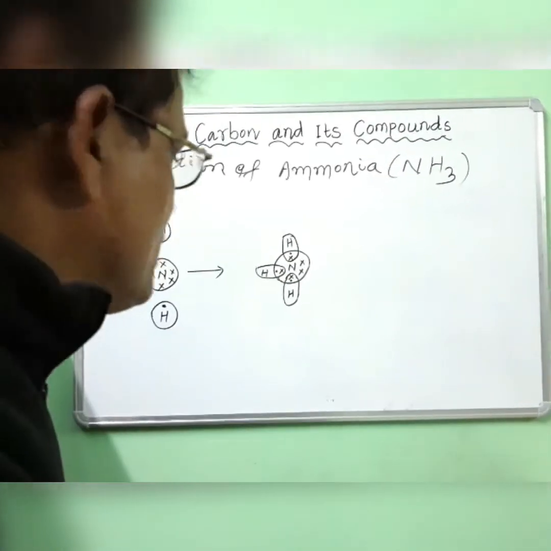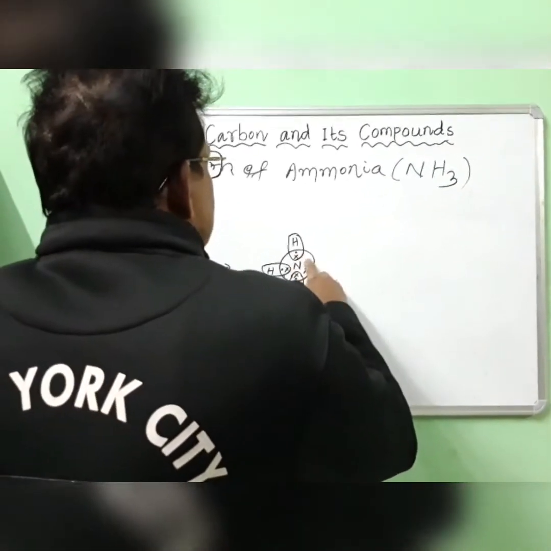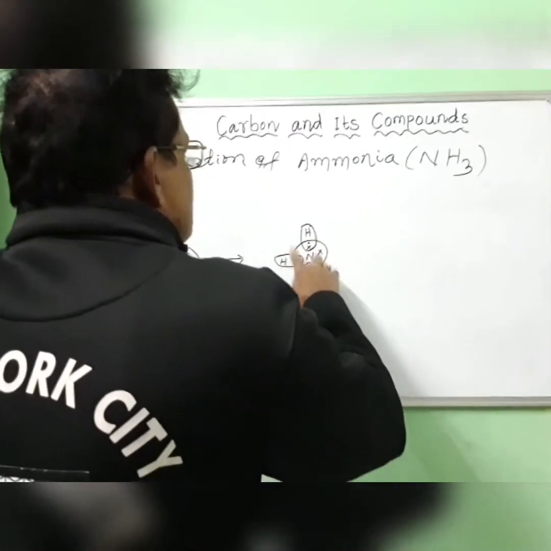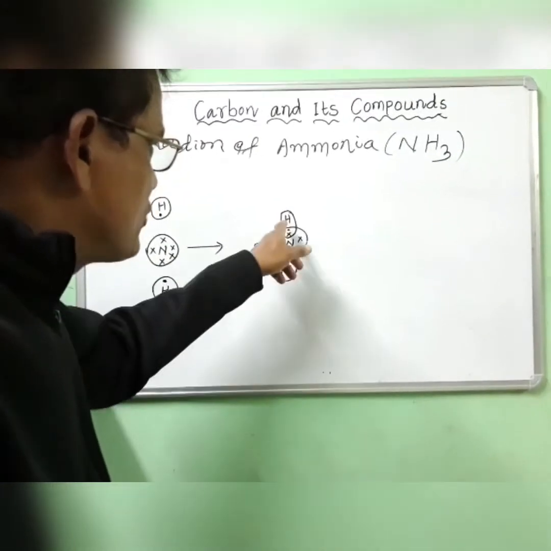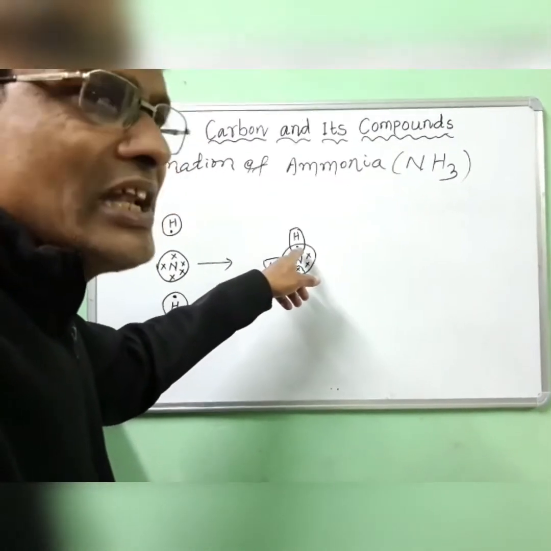Okay. To become octet. Here see, nitrogen has up to 1, 2, 3, 4, 5, 6, 7, 8. Clear? To become octet. On the contrary, each hydrogen atom shares only 1 electron.